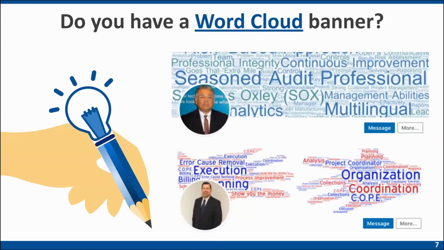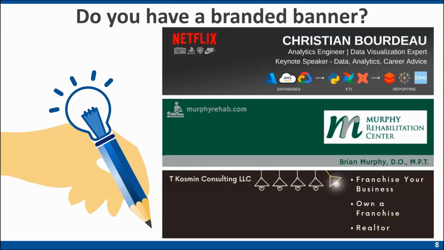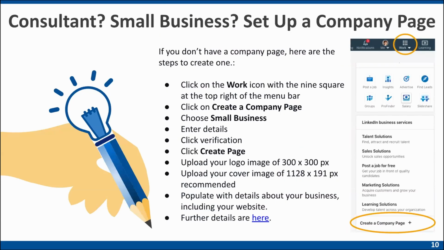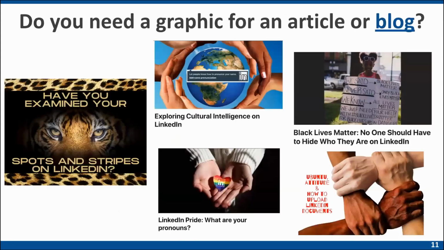We talked about wordart.com to make a word cloud for a social media post or a LinkedIn banner. We talked about Canva, which I'm going to be doing live demos of today. We talked about setting up a LinkedIn company page for your business, and you have to make a banner for that as well as provide a logo, and those are different sizes than your personal LinkedIn profile.